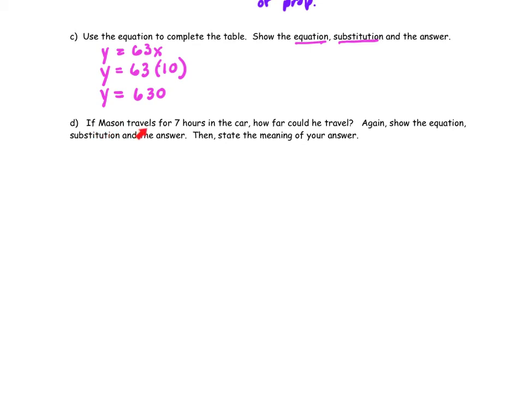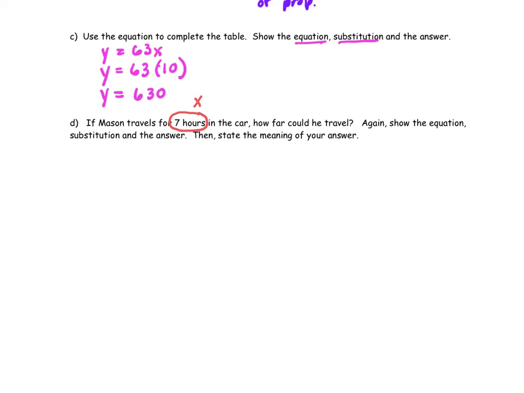If Mason travels 7 hours, well, if you recall, hours in the table is talking about the x values. So let's circle that and let's say, okay, they're giving us an x value.